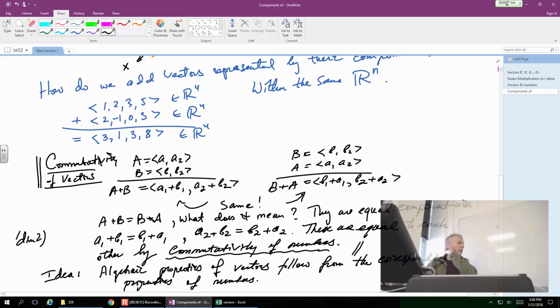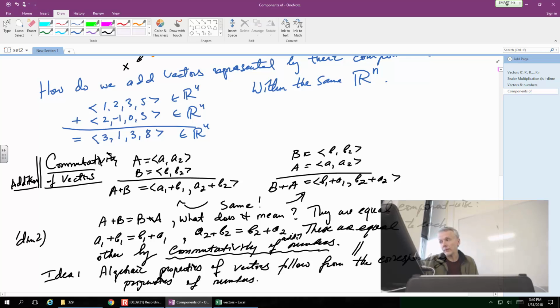So then you can guess commutativity of vectors comes from the commutativity of numbers. We demonstrated this. Now the next issue would be what about the associativity of addition of vectors? And the answer is it comes from associativity of addition of numbers. I missed the word here, addition. Commutativity of addition of vectors follows from the commutativity of addition of numbers.